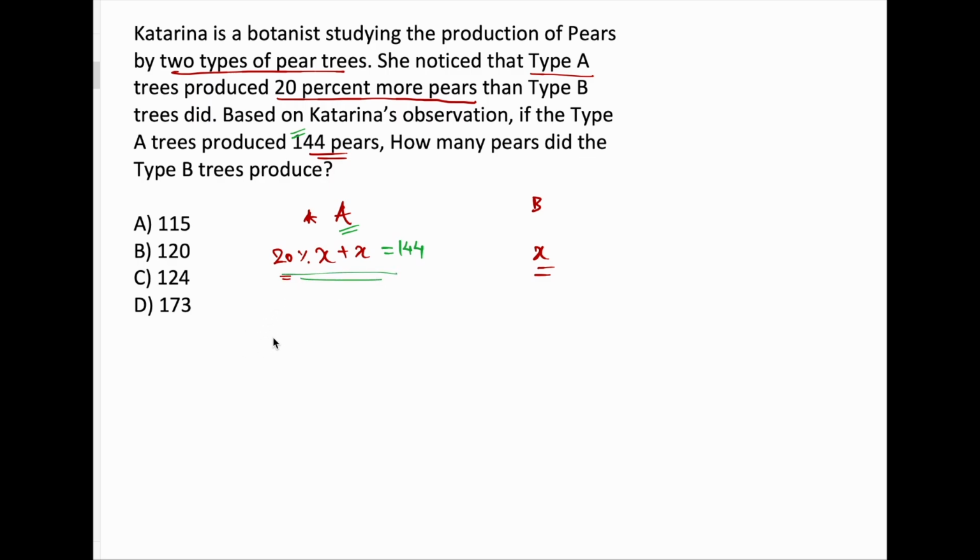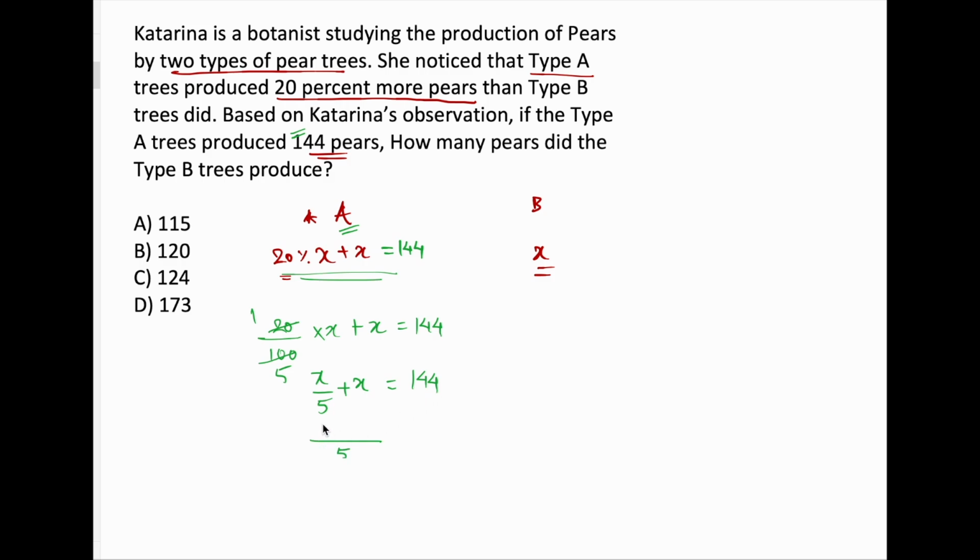Let us solve this equation. Here is what it becomes when we expand it: X divided by 5 plus X equals 144.